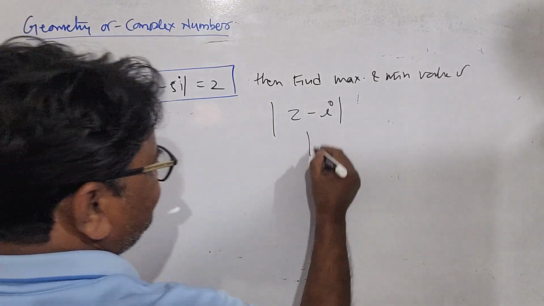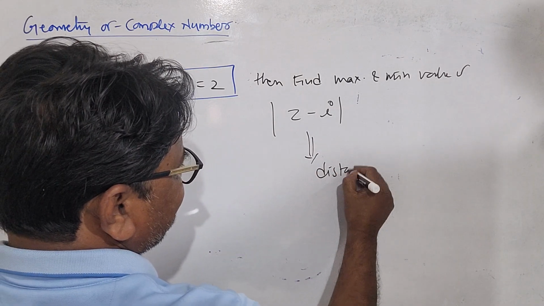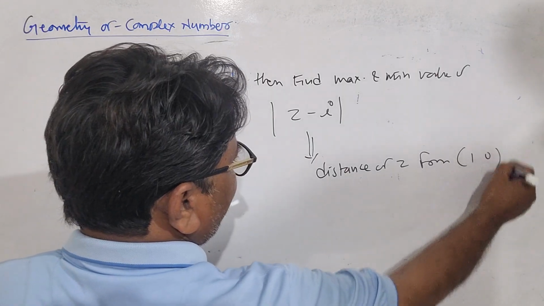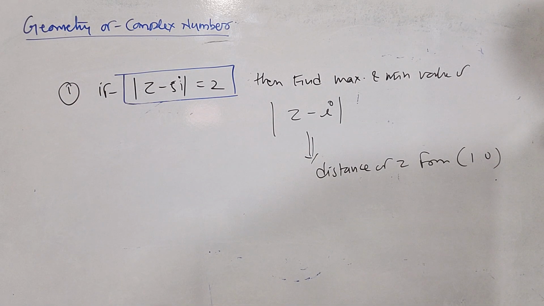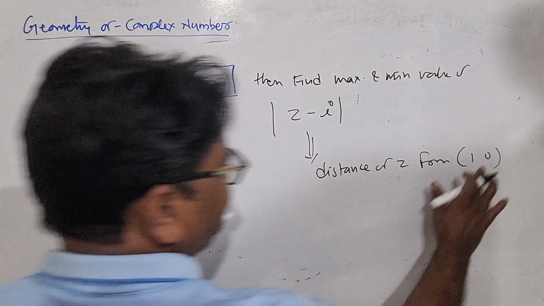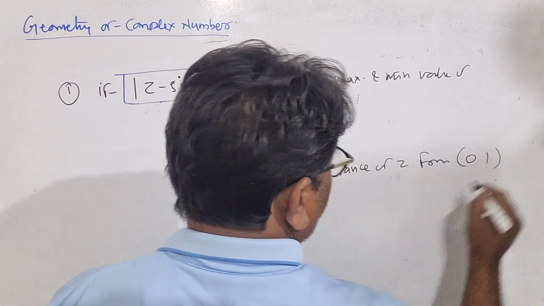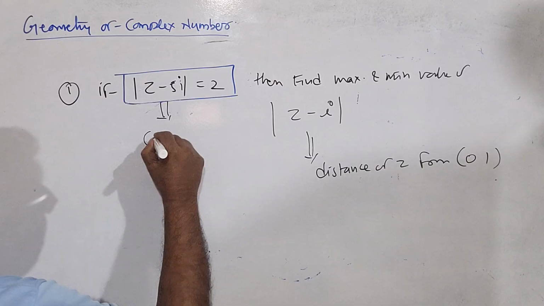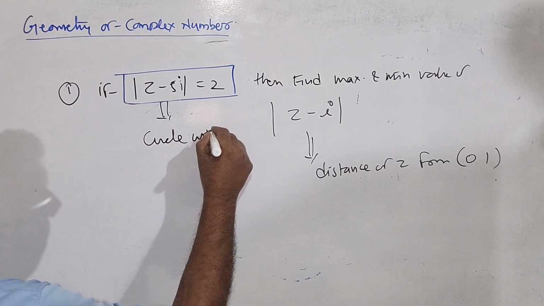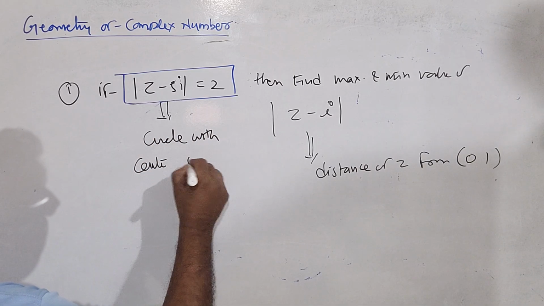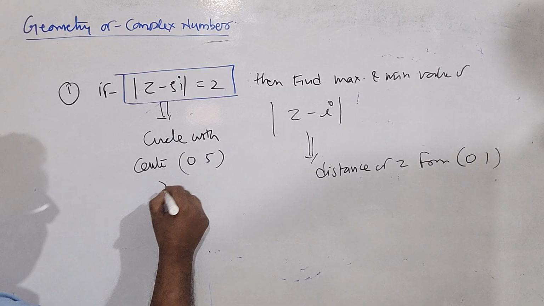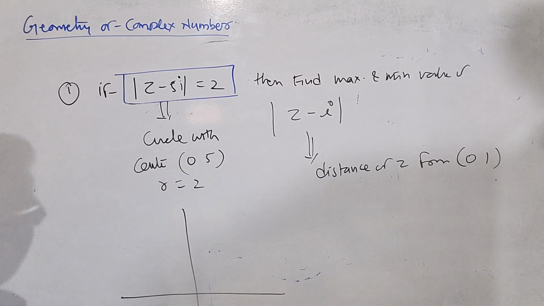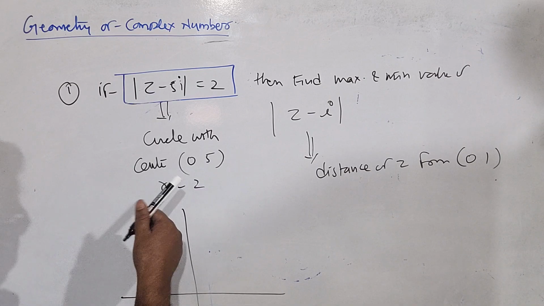So this represents one distance, the distance of Z from (0, 1). Correct? And this represents a circle with center at (0, 5). Correct? The radius is 2. At this time the center of the circle lies on the y-axis.